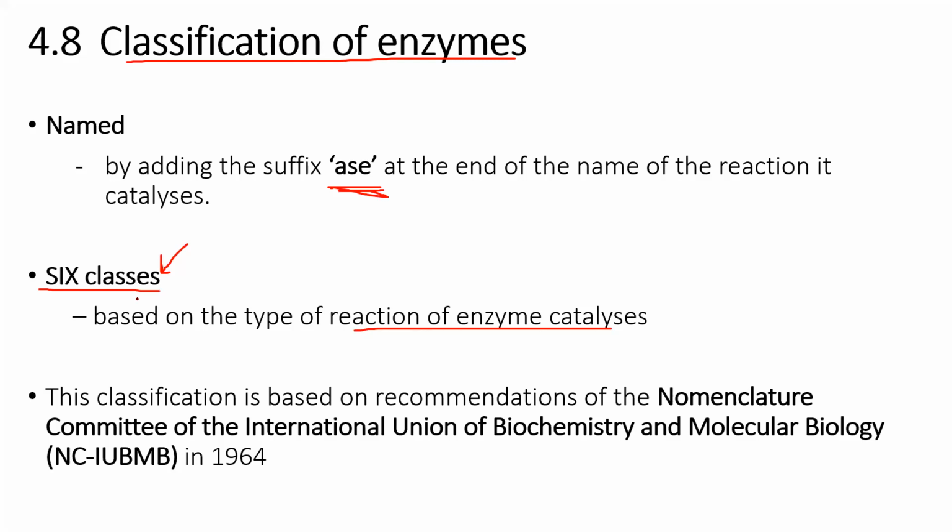Okay. So daripada nama enzyme kelas tu, awak boleh tahu apa peranan ataupun macam mana tindak balas kimia tu berlaku. Okay. So this classification is based on recommendations of nomenclature Committee of the International Union of Biochemistry and Molecular Biology in 1964. Okay. Ini nama ni tak pernah tanya lah, awak tak payah hafal.